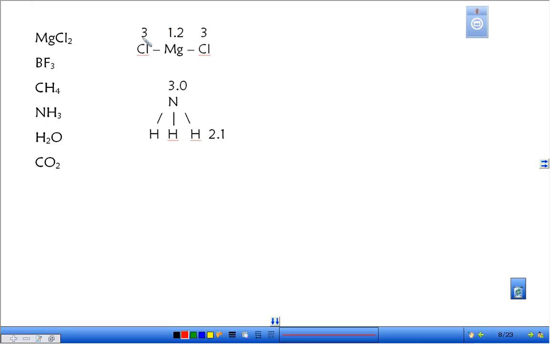Now, when we look at magnesium and chlorine, chlorine has an electronegativity of 3, and magnesium has an electronegativity of 1.2. What they've defined is a scale of electronegativity difference. So if we take that 3 minus 1.2, we get 1.8.